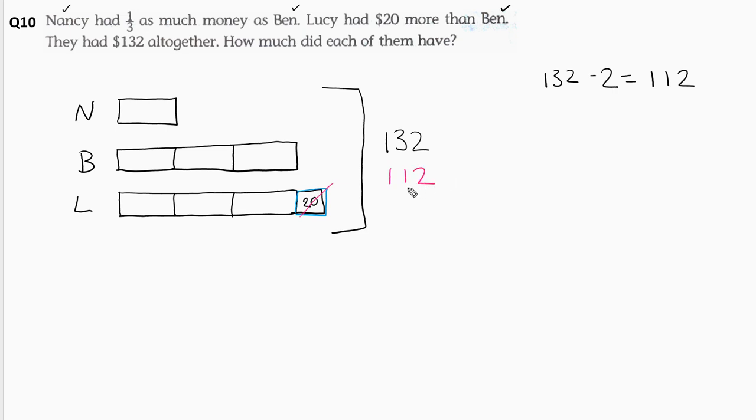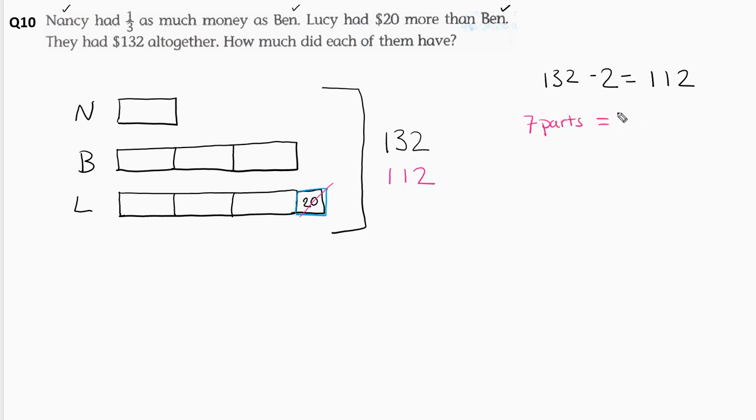Okay, what is 112 the value of? Well, it's all of the bits that are left if I ignore this 20, and that's these equal parts. 1, 2, 3, 4, 5, 6, 7 equal parts.